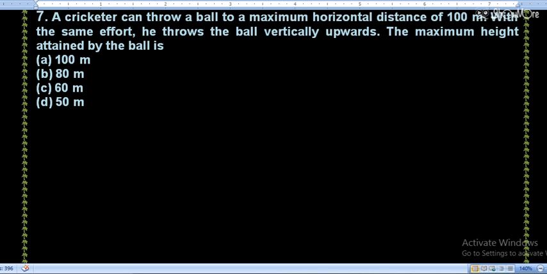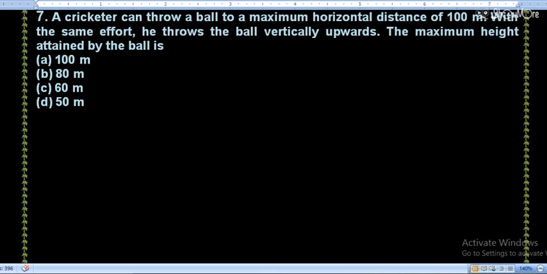Now he is asking the maximum height attained by the ball. We have calculated the solution step by step, and the right answer for the 7th question will be option number D, 50 meter. If you have any doubt, you can ask by commenting here. If this question is clear, we can move to the next question.